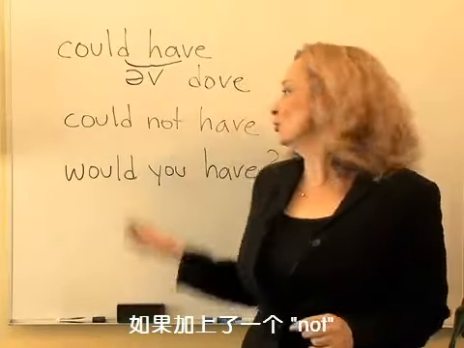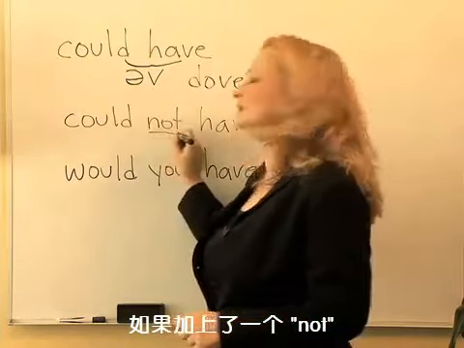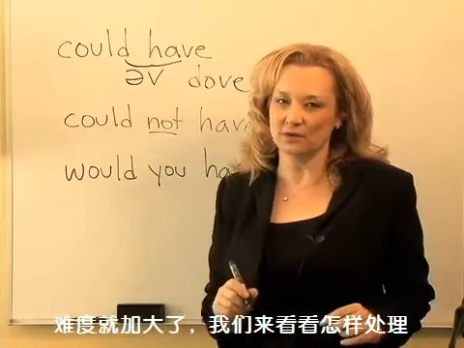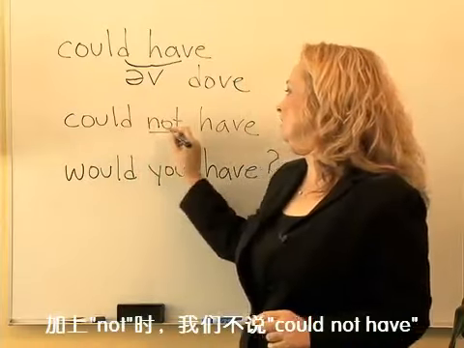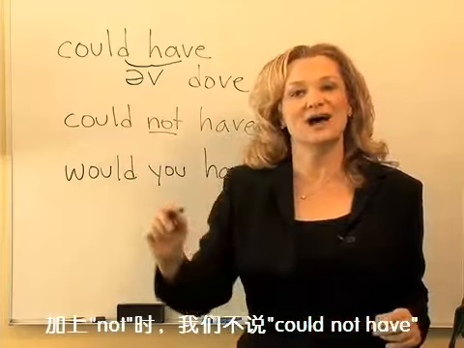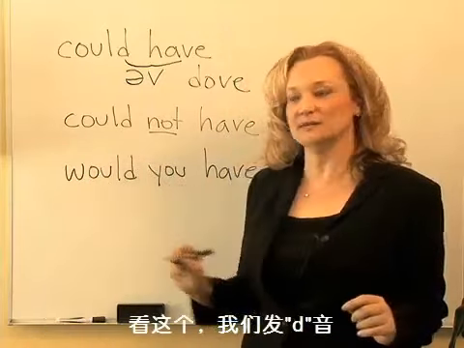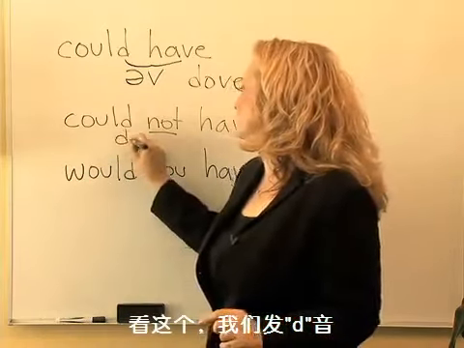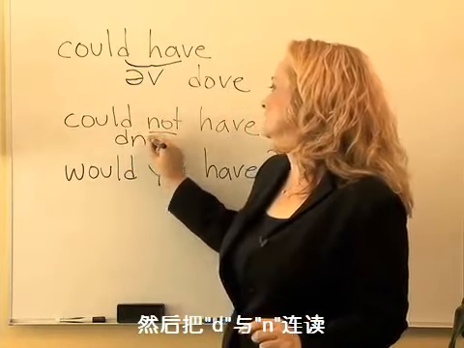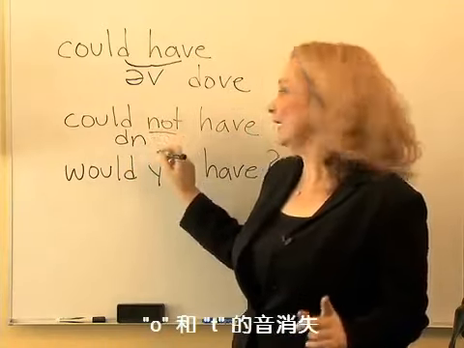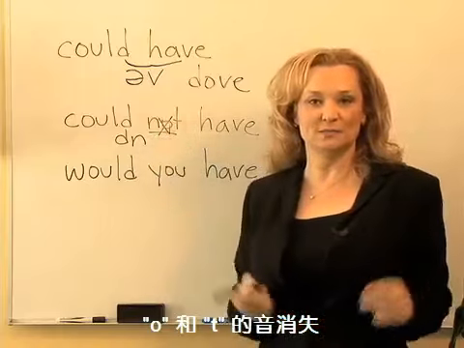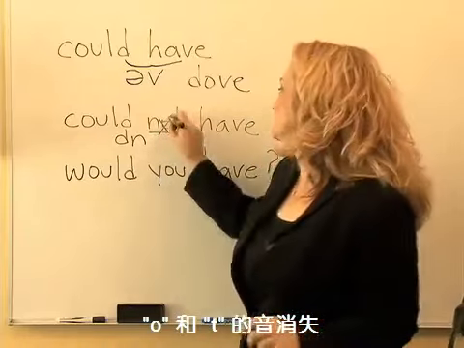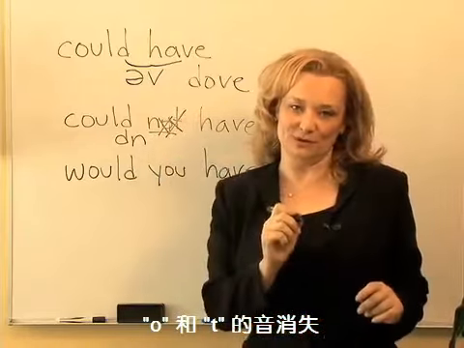Let's look at what happens when we have the word not in there. It gets even more difficult. When we have not, we don't say could not have. Look at this. We pronounce the D and then we connect the D next to the N, and then the O disappears, but the T also disappears.